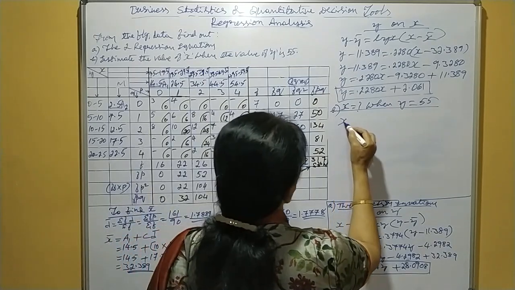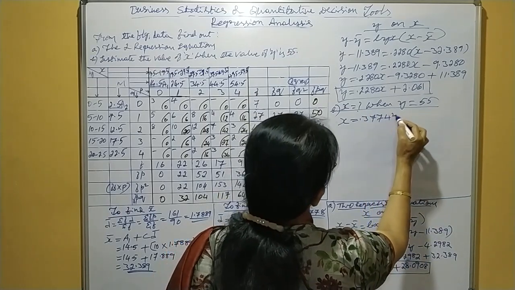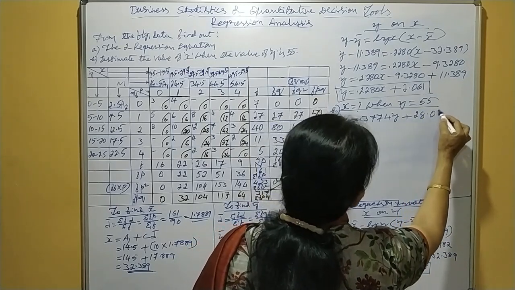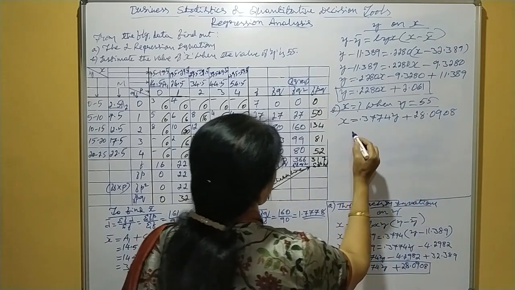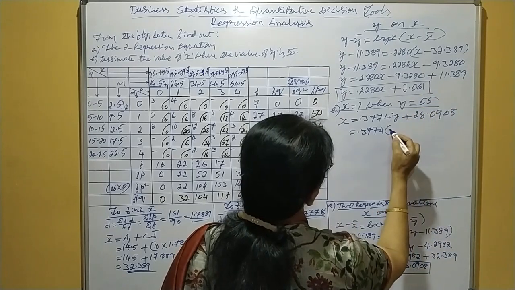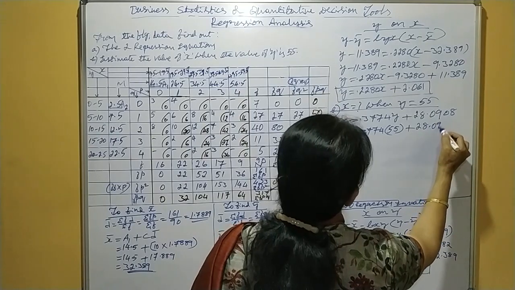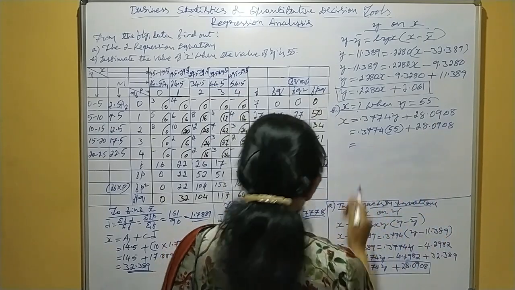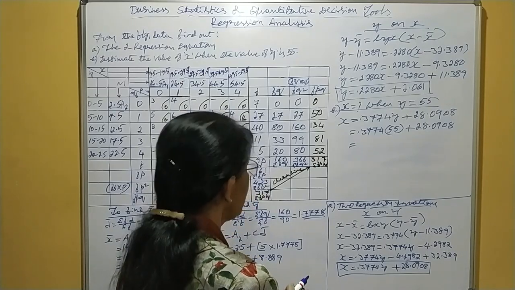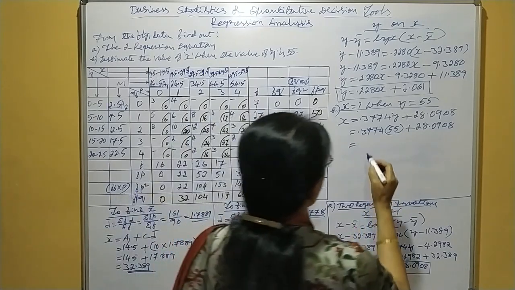That is x equals 0.3774y plus 28.0908, equals 0.3774 into, in the place of y insert 55, plus 28.0908, equals 0.3774 into 55. It is 20.757.